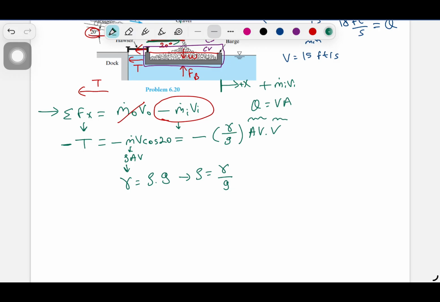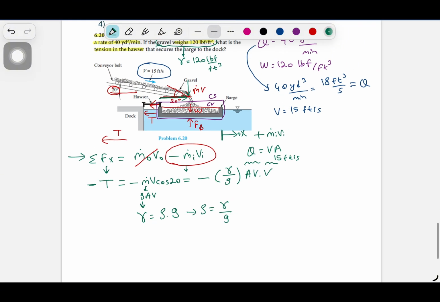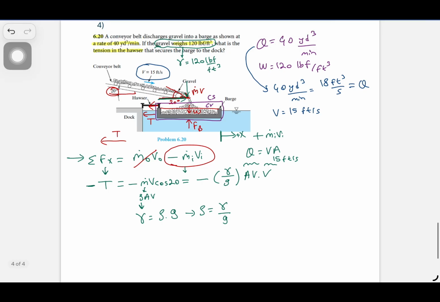And the velocity is 15 feet per second. The main reason for using Q instead of A and V is that we don't have anything related to size. So we are directly finding it as flow rate, because the flow rate was already given. So we can directly write 18 cubic feet per second.